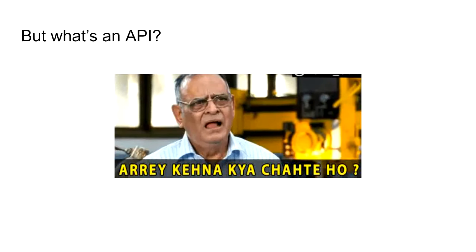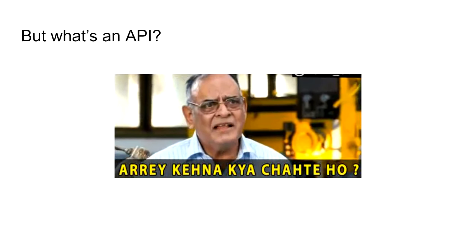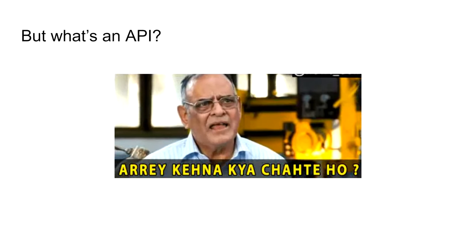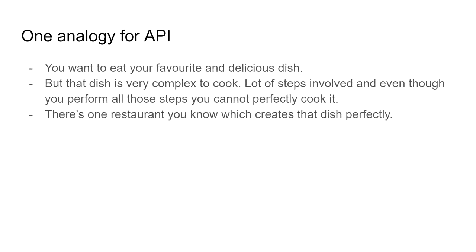So let's take a simple example from real life and try to see a similar example where API comes into the picture. So let's say you want to eat some favorite dish of yours, a very delicious dish, and the recipe to cook that dish is very complex.